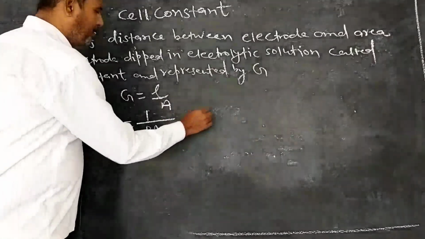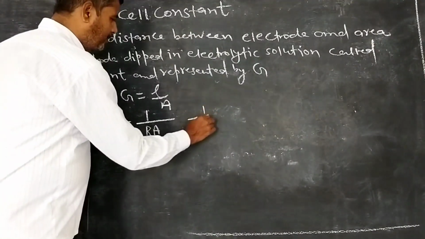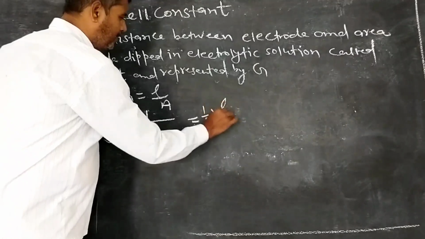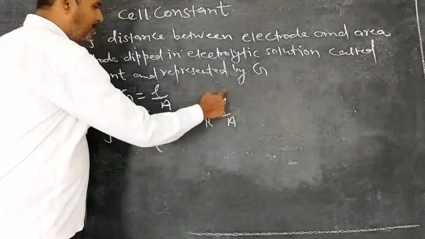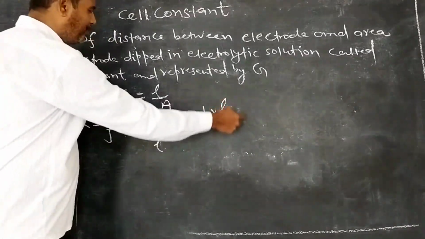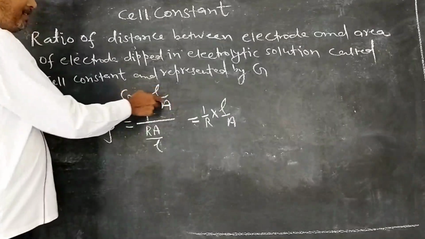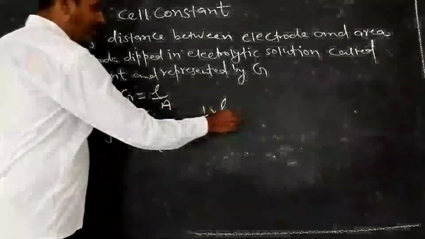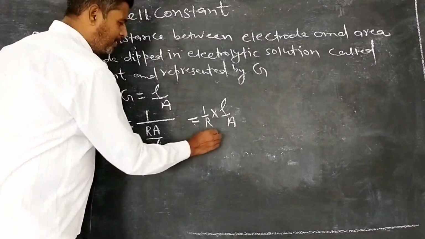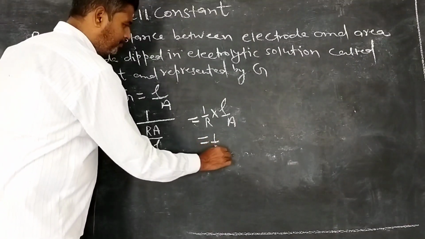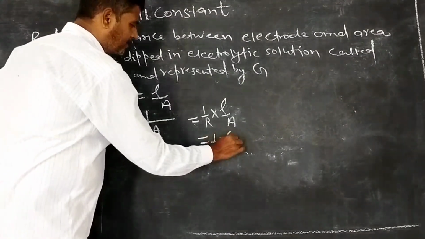Thus, it will be 1 by R into L by A. Here L by A is nothing but the cell constant, G is equal to L by A. So this will be equal to 1 by R into G.